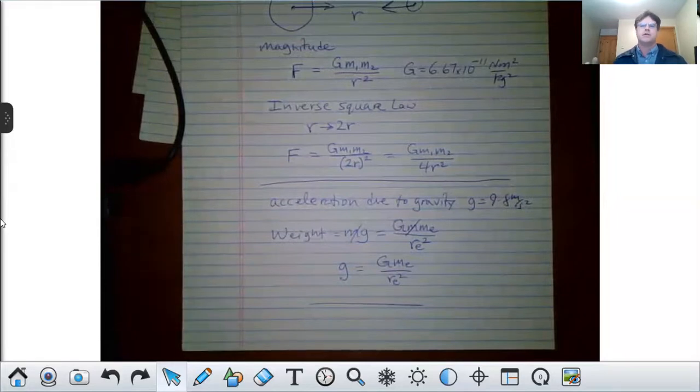We will see very similar things again when we go to electricity. For this lecture, I just wanted to introduce you and kind of show you Newton's law of gravity to fill out what we did last term. But you'll also see it is very similar to what we're going to do with electricity. With electricity, we just have a different force law. It turns out actually to be pretty similar.